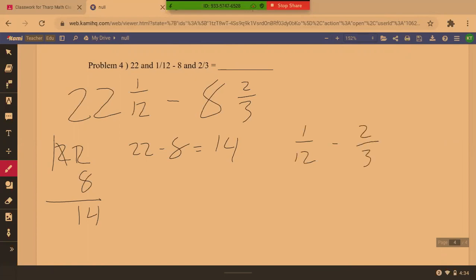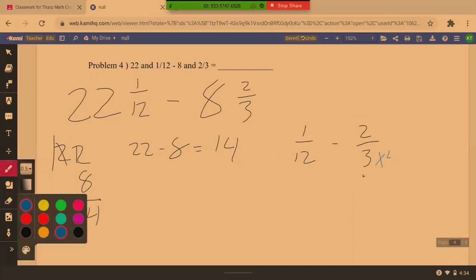The common denominator is going to be 12. So how do I manipulate 2/3 to get it to that common denominator? Well, 3 times 4 equals 12. So 1/12 minus 8 over 12 equals -7 over 12.